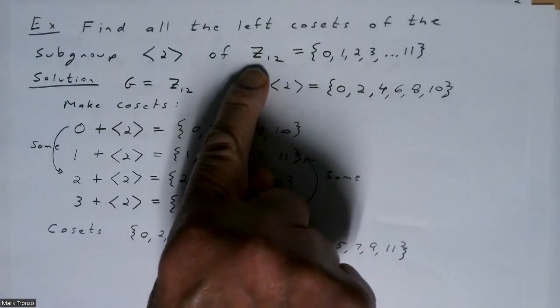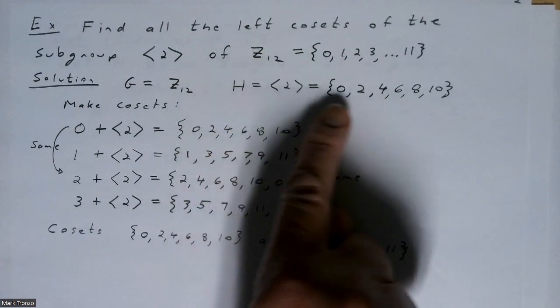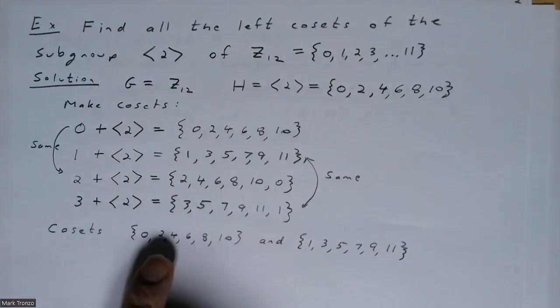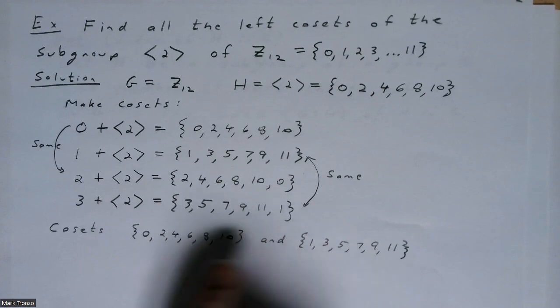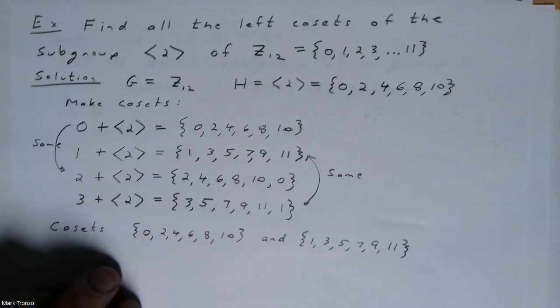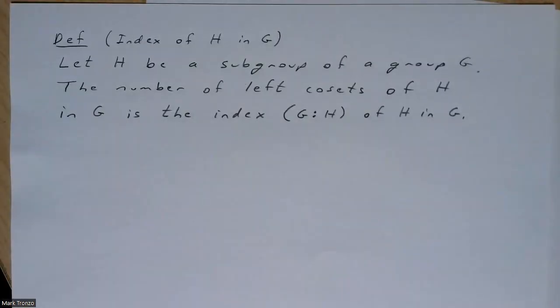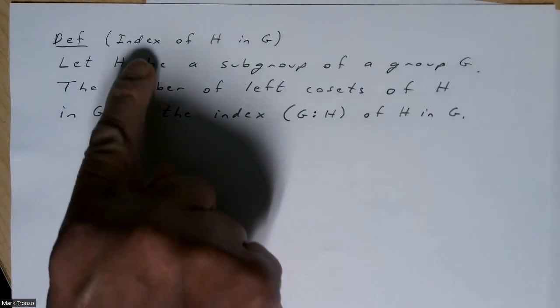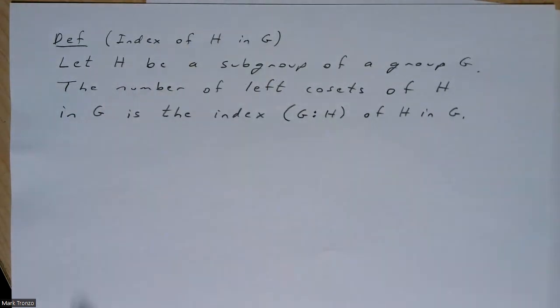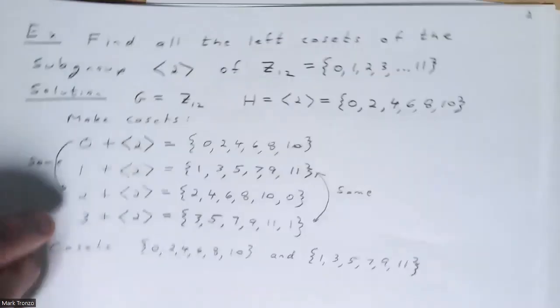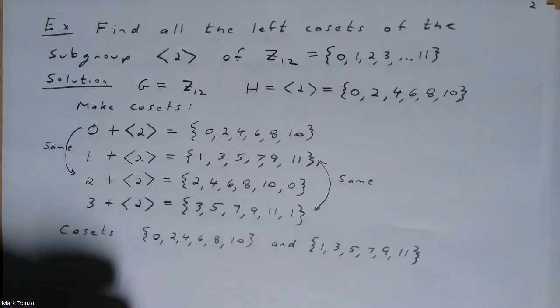So we had the group Z12 and the subgroup H, and this had two cosets. And so that's called the index. So the index of H in G, in this case here, was 2.